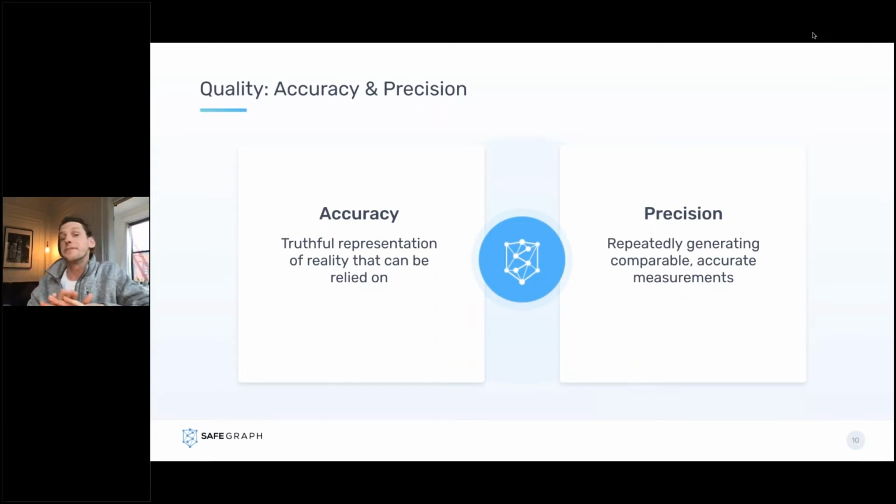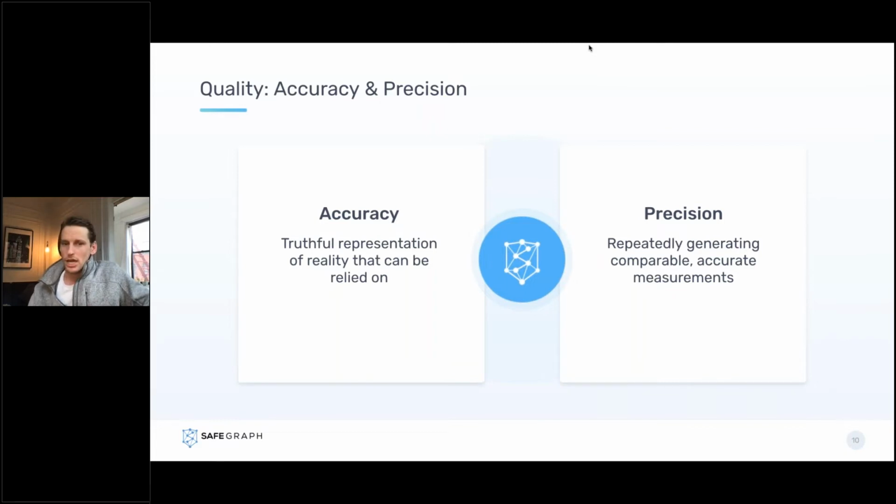So if they're very, very close, then it's very accurate. Precision, on the other hand, is how often am I accurate and to what degree? So maybe with accuracy, I see that this point and the building footprint associated with it is within a meter or less of ultimate reality in this truth set that I have on hand.